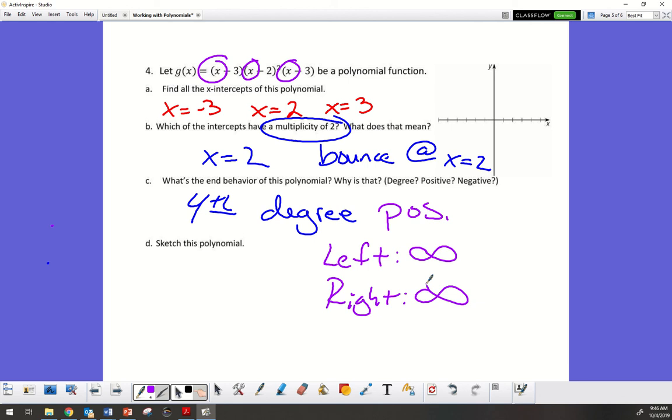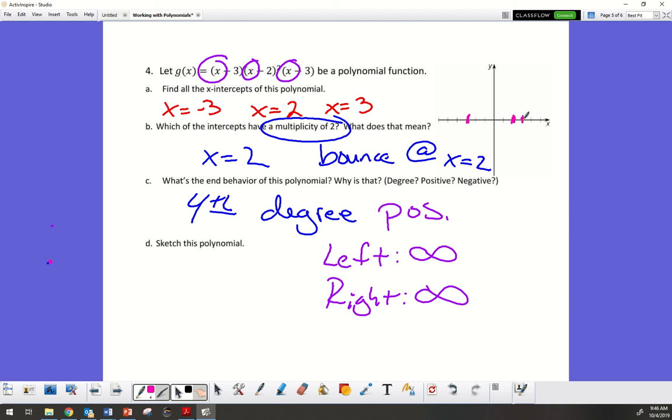So let's start by putting in my points. I have a point at negative 3. 1, 2, 3. I have a point at positive 2. And a point at positive 3. Now, we know it has to end up, right?